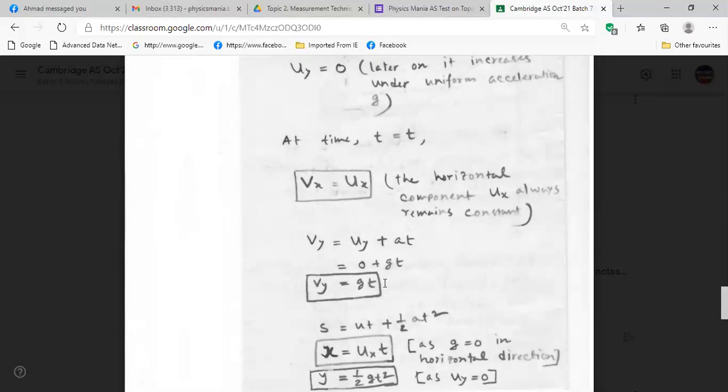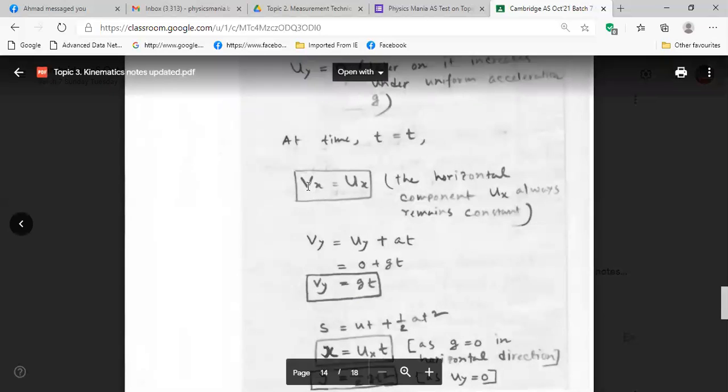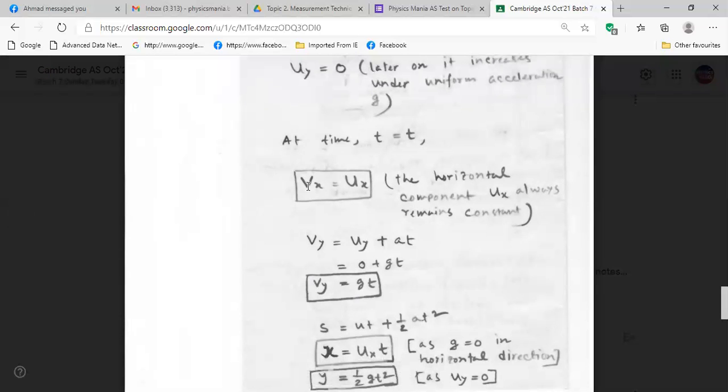Till here you understand, then we'll go to the next step. Now look here. You have to understand it and you have to remember it. At time t equals t, that means after, for example, it may be 5 seconds or 10 seconds or 20 seconds. That one we are saying at time t equals t. So that time your velocity will be v, right?